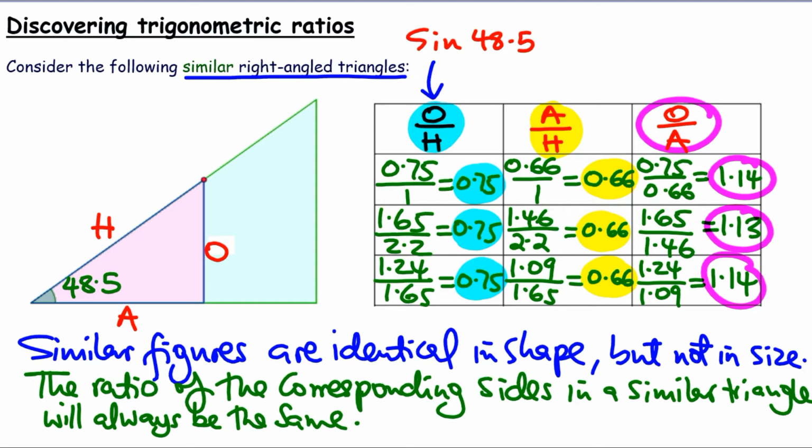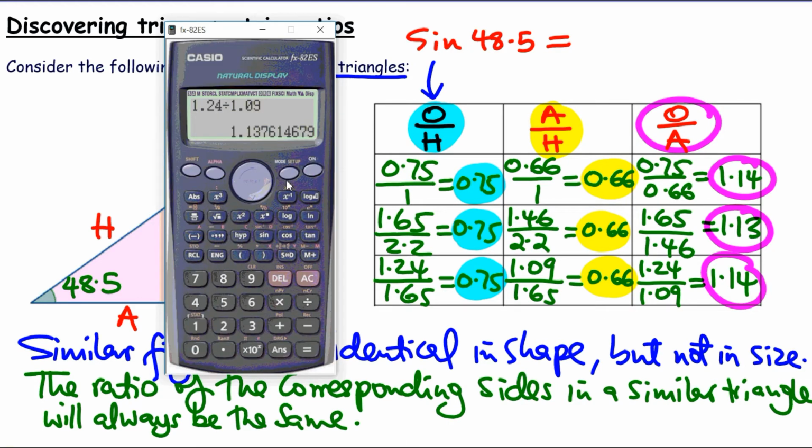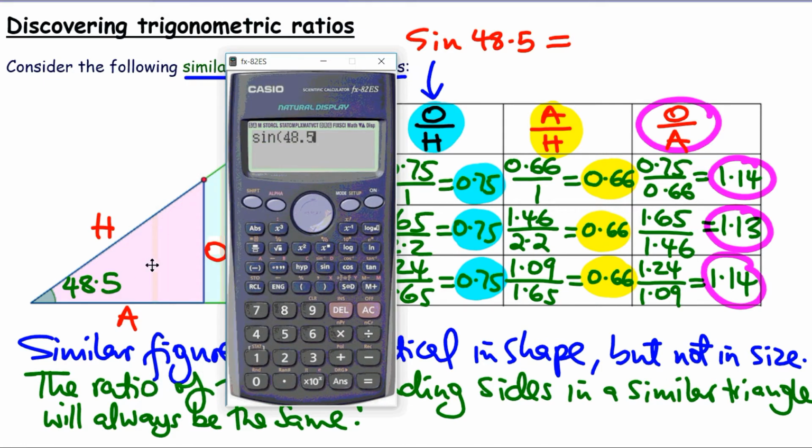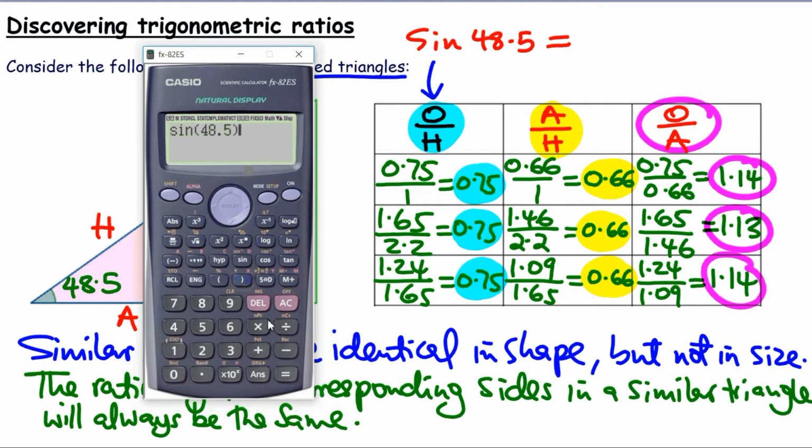And in fact, if you plug sine 48.5 in your calculator, you should be able to get the same answer because it's just a trigonometric ratio. So sine of 48.5, because 48.5 is our angle here, remember? That should give us the same answer, which is almost 0.75 to 2 decimal places.